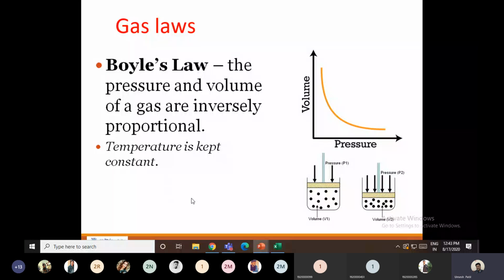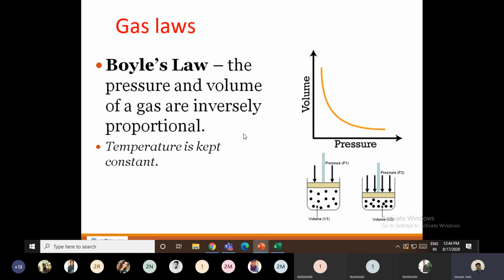When temperature is kept constant, the pressure varies inversely with the volume. So pressure is directly proportional to 1 by V, where V is volume. If you see this graph of volume versus pressure, if volume is increased, the pressure is decreasing, and vice versa. If pressure is decreasing, the volume is increasing.